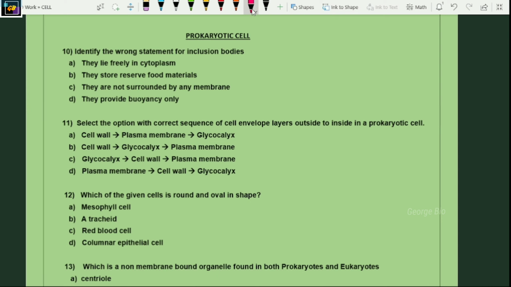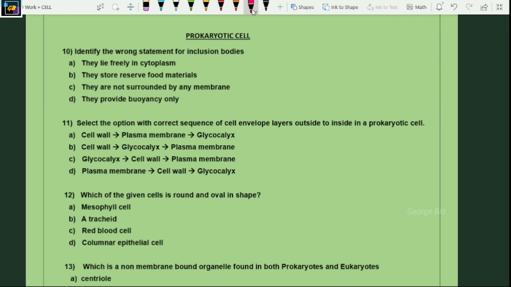So let's try to solve some questions. Identify the wrong statement for inclusion bodies. Inclusion bodies include reserved materials. They are freely present in the cytoplasm of prokaryotes. They are non-membrane bound. They also include certain air-filled spaces called gas vacuole. So here, they lie freely in cytoplasm.